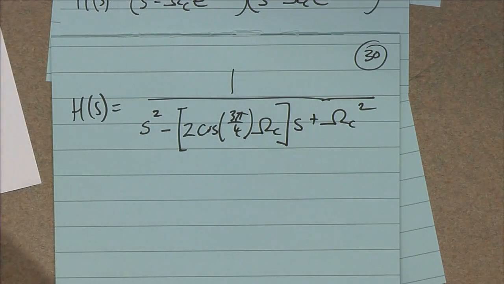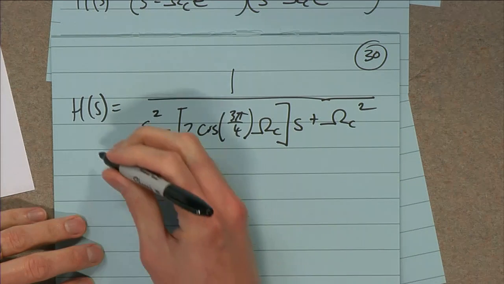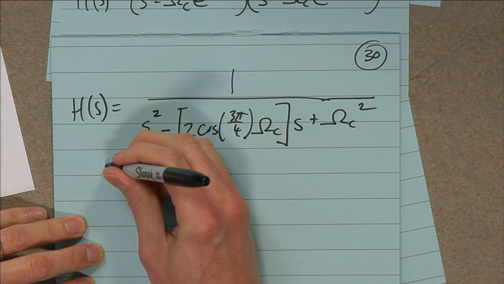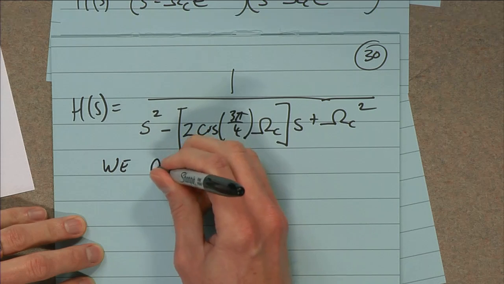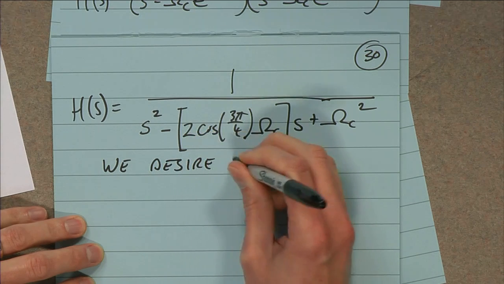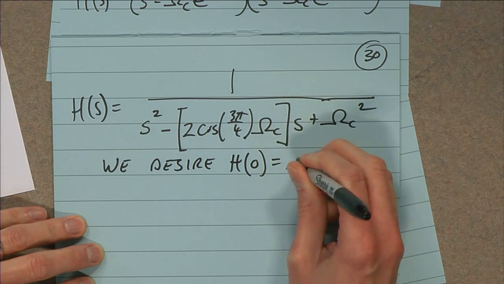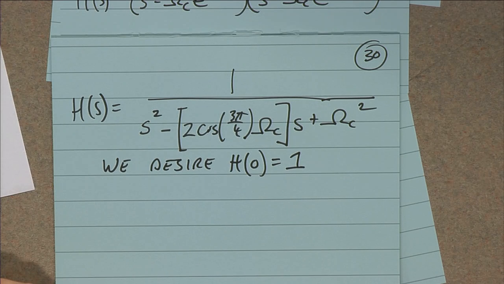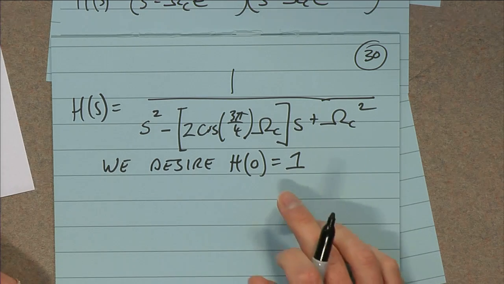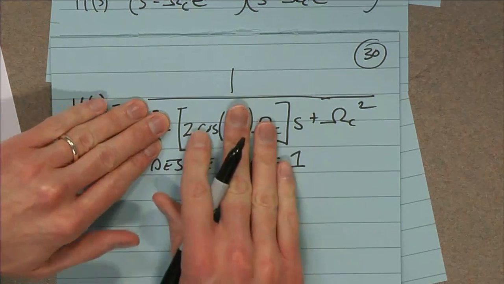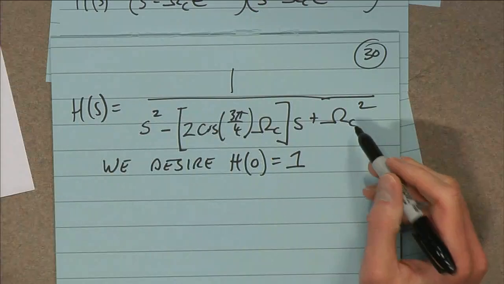And for our final cleanup, say we desire that H of 0 equals 1. So this is a low-pass filter, so clearly if you have a DC signal, you'd like it to be, let's say, 1 out, max gain. So if s equals 0, that goes away, so it's 1 over omega c squared.